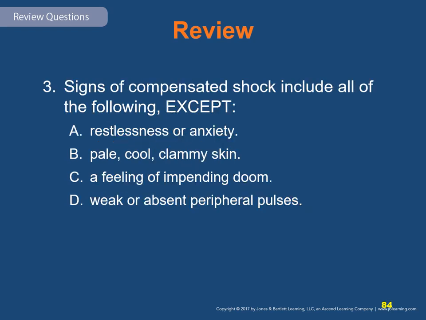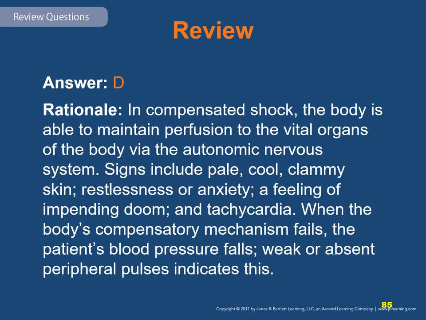Review question 3. Signs of compensated shock include all of the following except: A, restlessness or anxiety; B, pale, cool, clammy skin; C, a feeling of impending doom; D, weak or absent peripheral pulses.